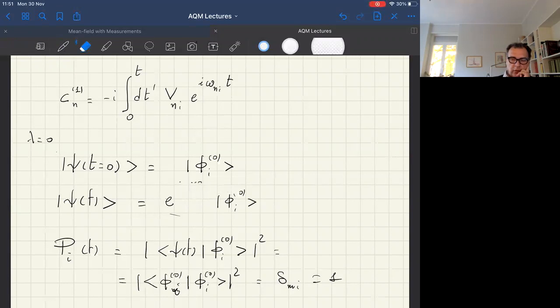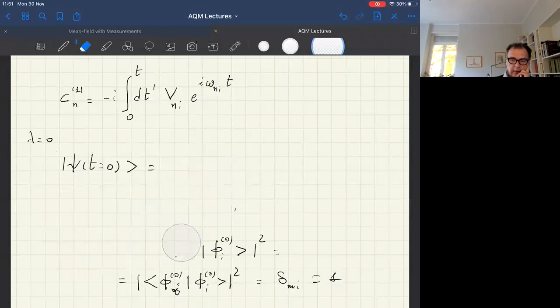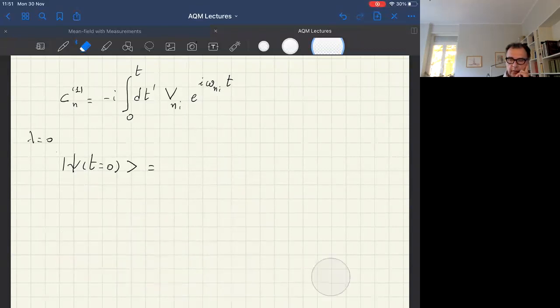Now I want to ask the same question for lambda different from 0.